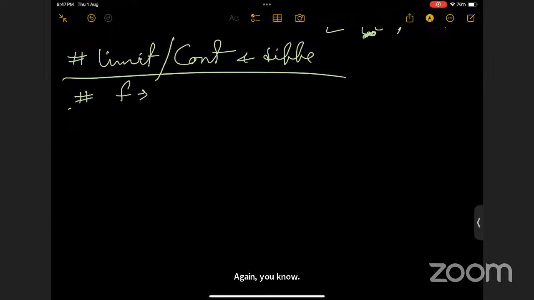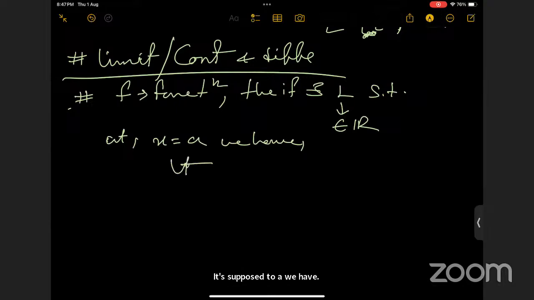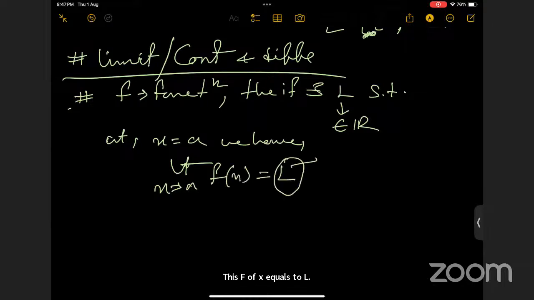So limit again. Suppose we have a function, then if there exists some L, which is a finite real number, such that at x equals to a we have the limit as x extends to a of f of x equals L, then we will say this is the limit of the function.